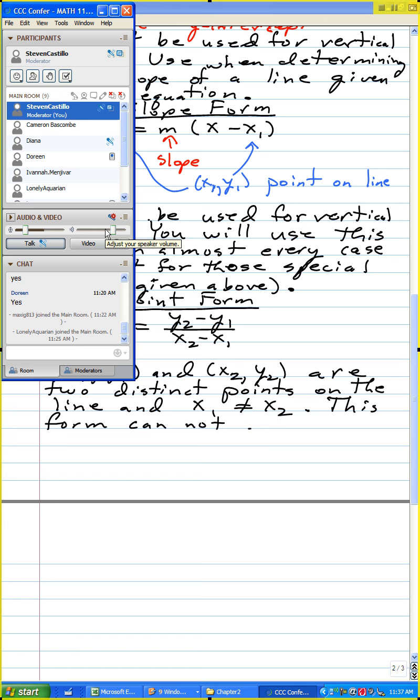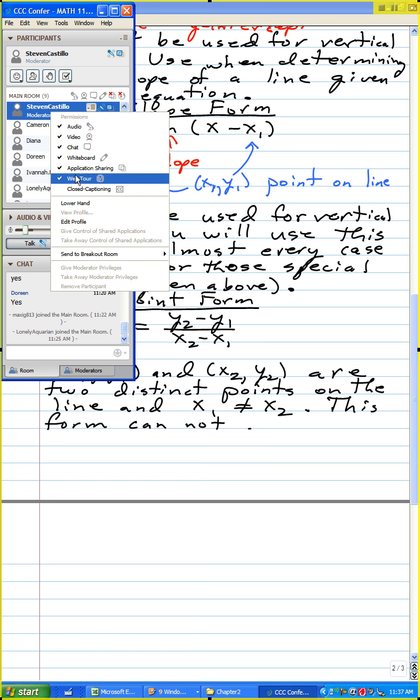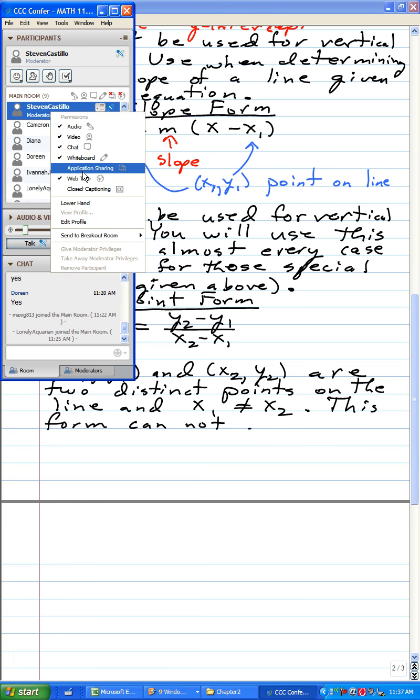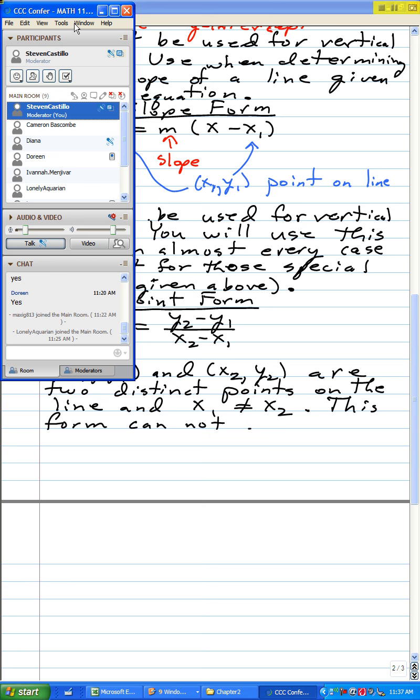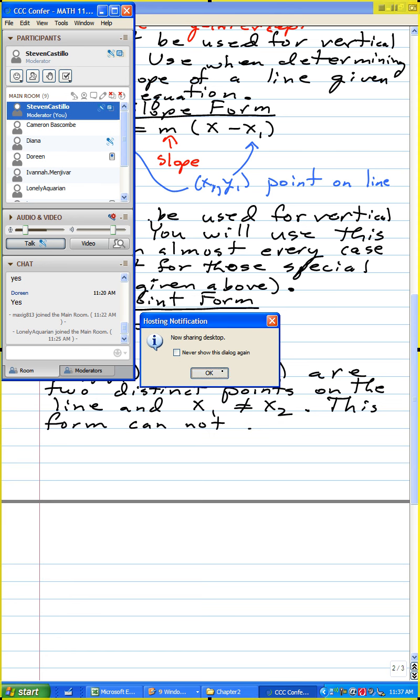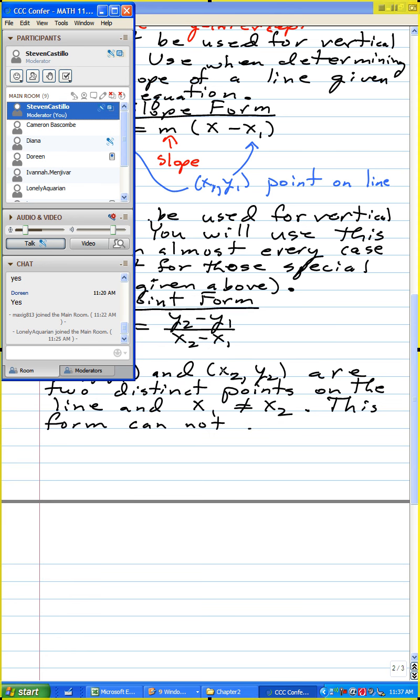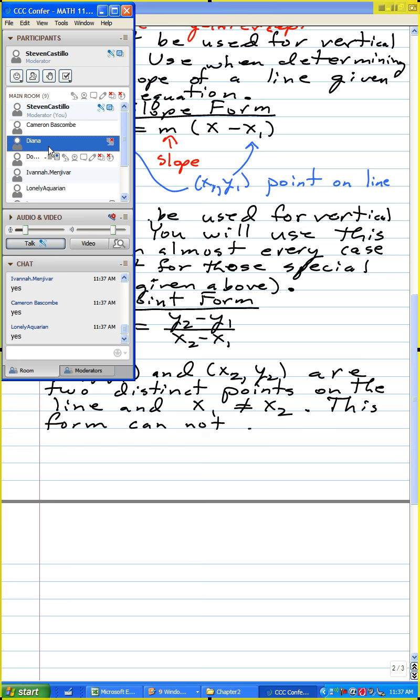I'm going to have to restart this. Come on. Hosting notification, now sharing. Good. Okay, so now people should be able to see the background again, right? Hopefully, yes. Okay, good. Let me just turn that off for a second.